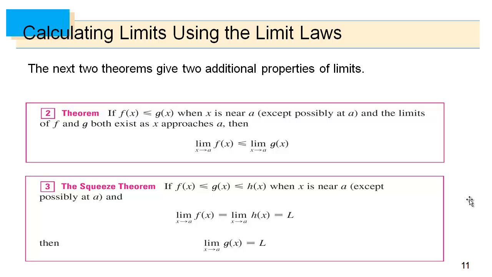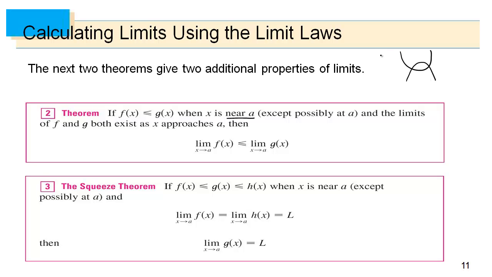And the squeeze theorem is based on theorem number 2 here, that if you have a function that is always less than or equal to another function, that basically means you have one function that is consistently lower than the other whenever you graph them. And remember that this is always just near some point. So you could have a function like this and then a function like this.